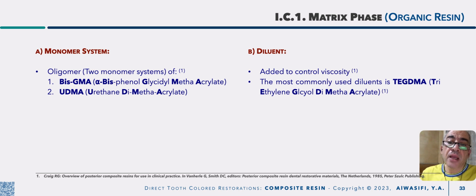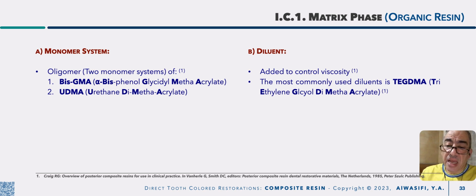That's why it is important to add a diluent to control viscosity, and the most common one is triethylene glycol dimethacrylate. The question that comes to our mind is, it is originally acrylic resin. Why don't we use methyl methacrylate? We use bisphenol glycidyl methacrylate.